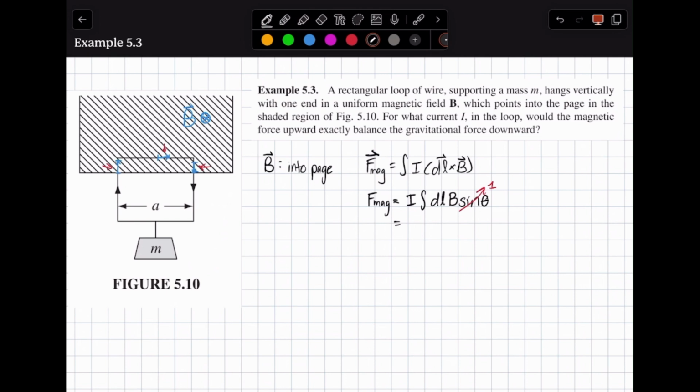So if I simplify this down a little bit, we have I up front because it is constant, and we have B up front because it is constant. And the integral of dl would just be L, where L is the length of the wire that is within the shaded region, the uniform magnetic field.